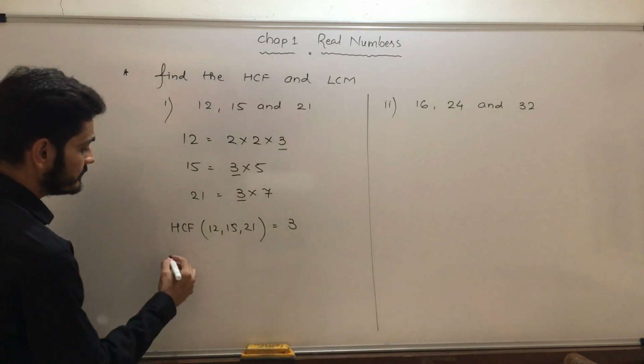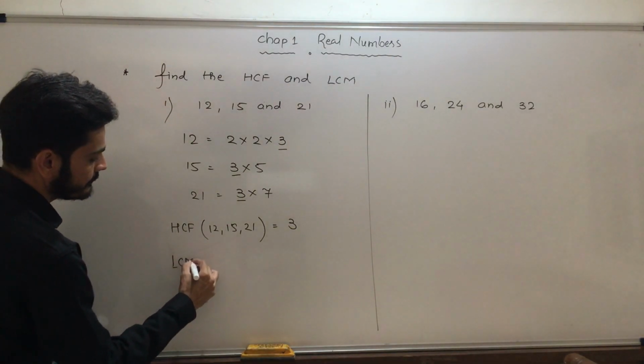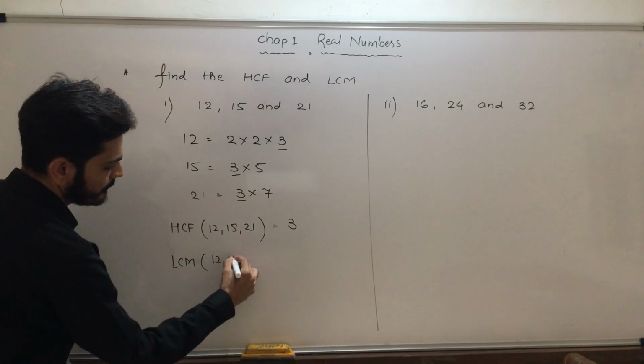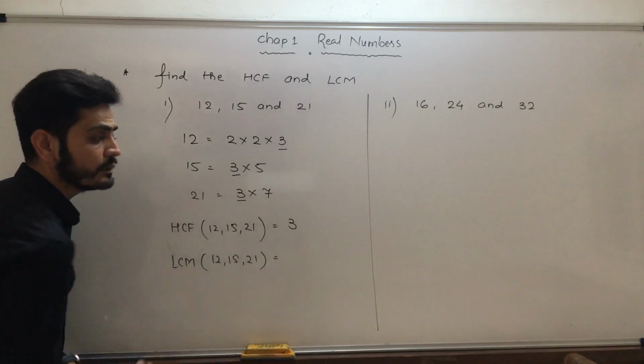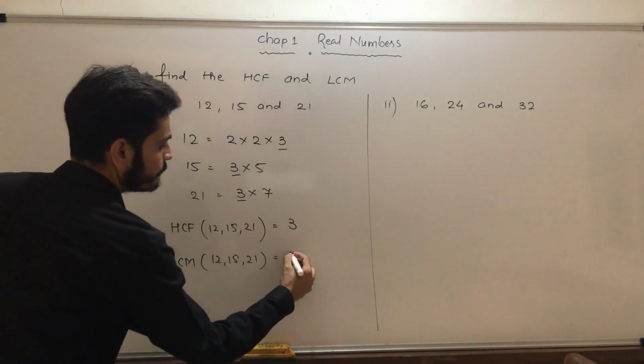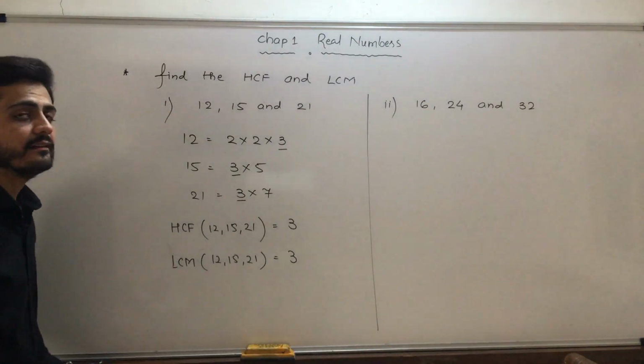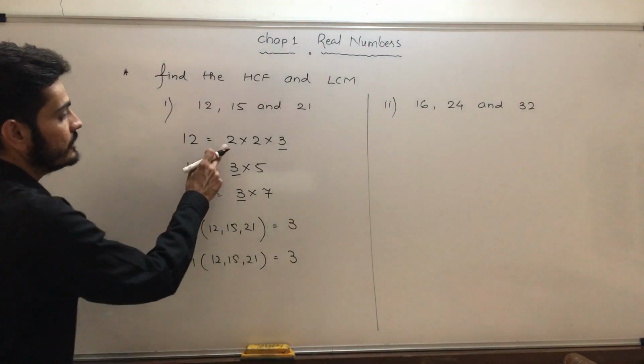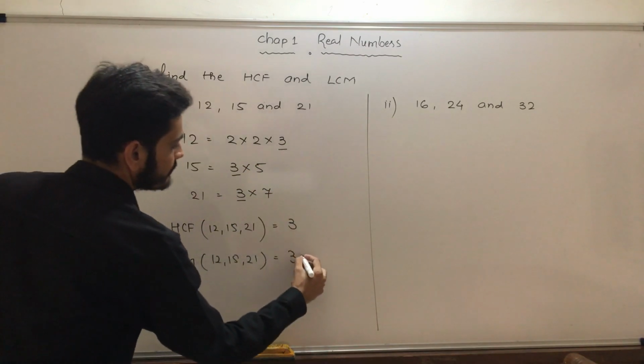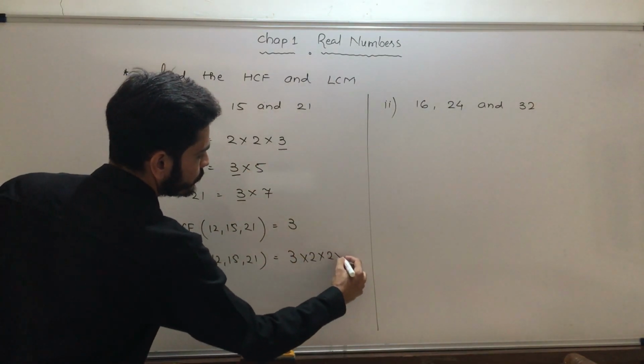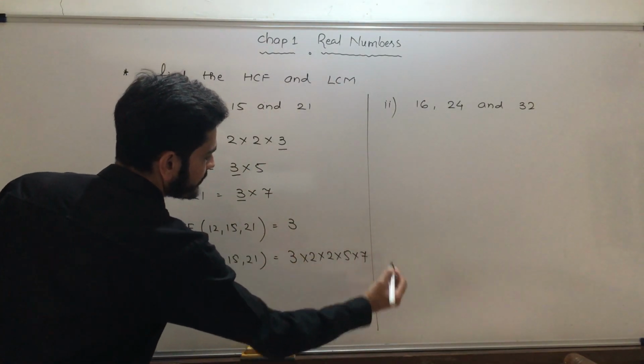Right? So next let's find the LCM of the given three numbers 12, 15 and 21. First of all write this HCF, and then write the remaining numbers, which are 2, 2, 5 and 7. So 2 into 2 into 5 into 7.